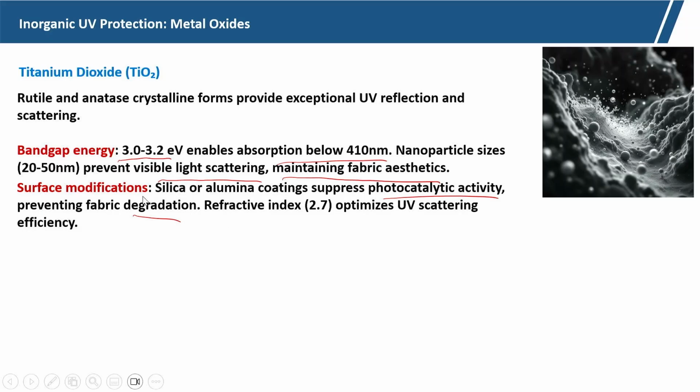So, with this TiO2, when we are using that silica or alumina coating, which suppresses the photocatalytic activity, we can use it here, which prevents the fabric degradation, and the refractive index here is 2.7, which optimizes the UV scattering efficiency.